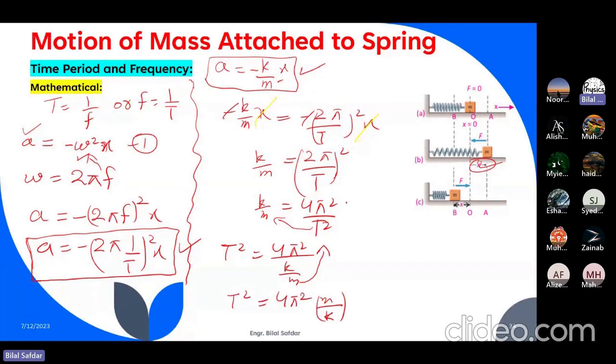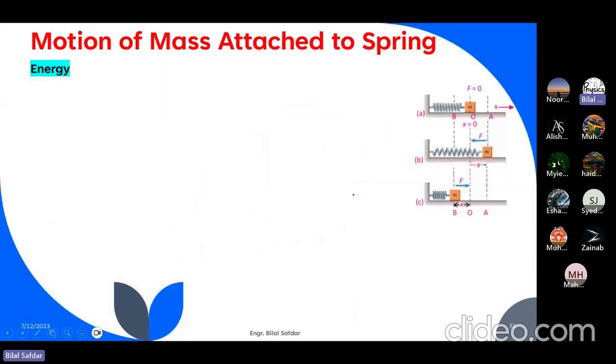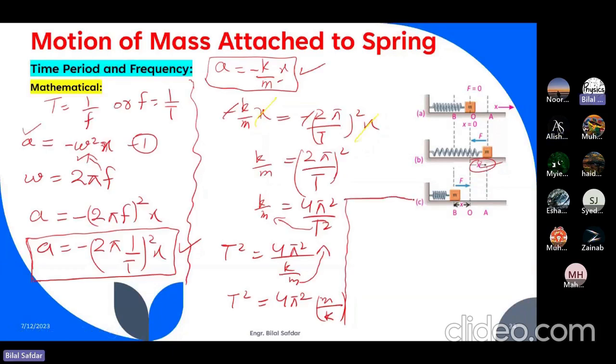Yes, any confusion? Any question? No, sir, no question. Okay, now we have to remove the square by taking a square root. Yes, we have to take a square root, and we get the final result.